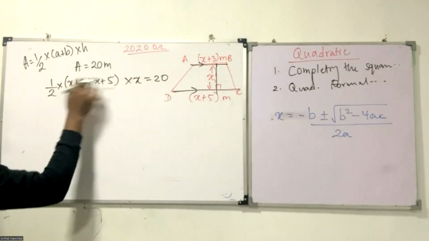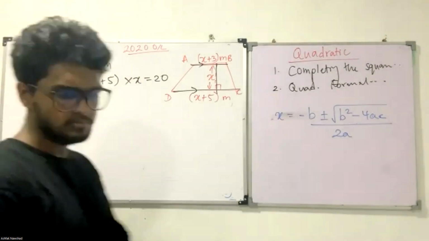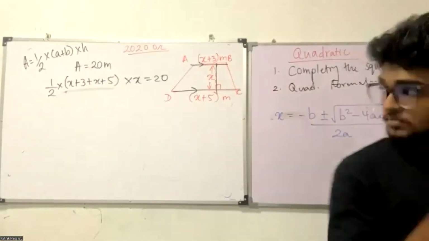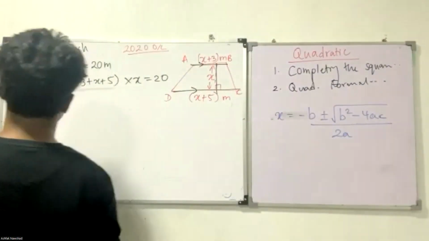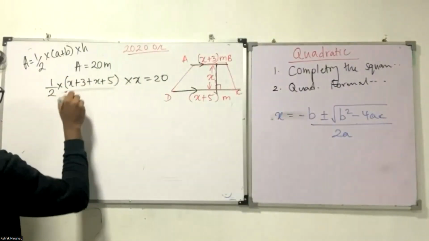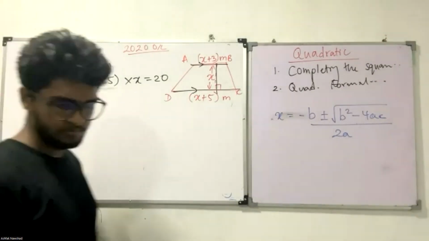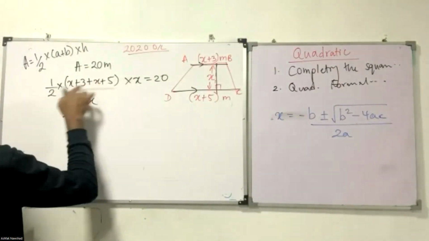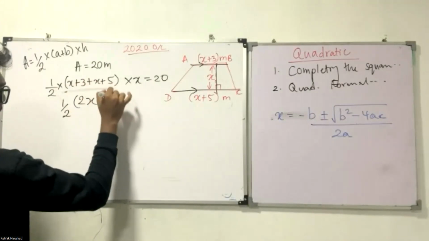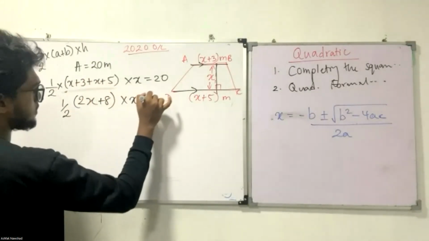That's easy. Half into, yes, x plus x is 2x, and 3 plus 5 is 8, into x equals 20.